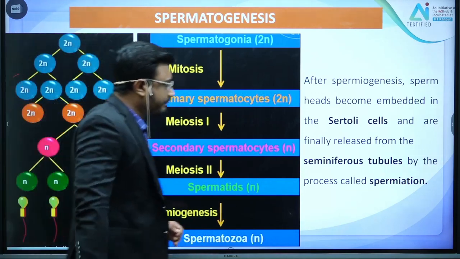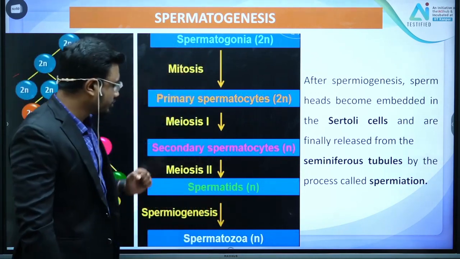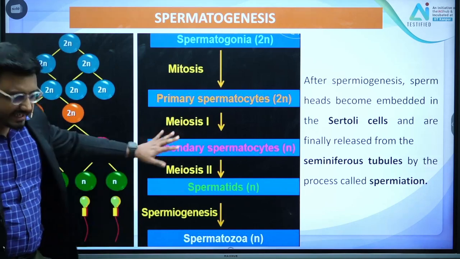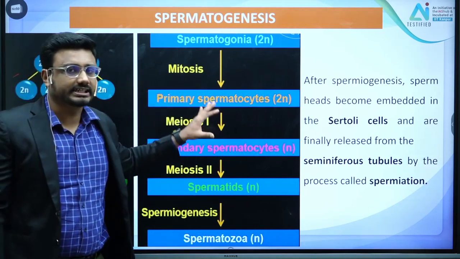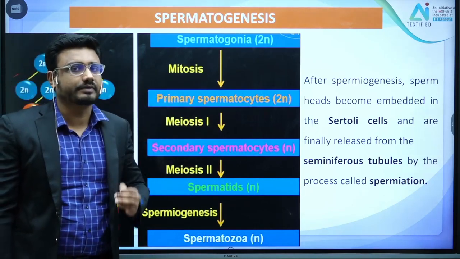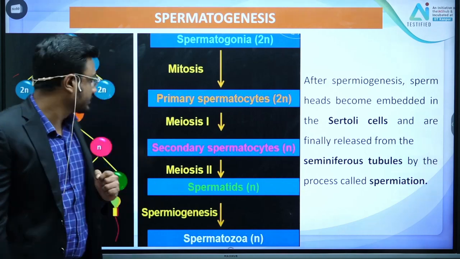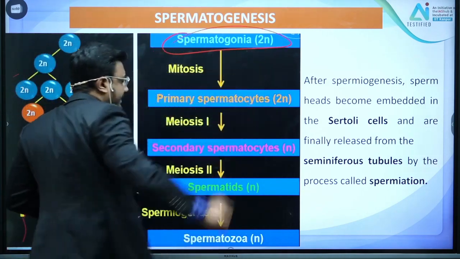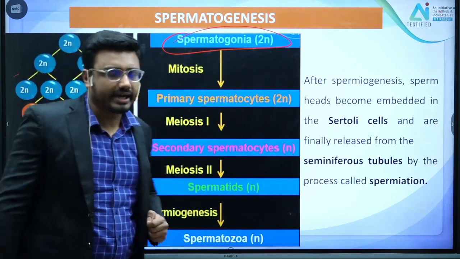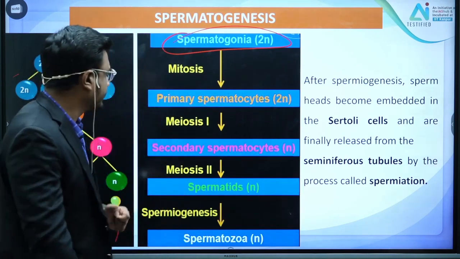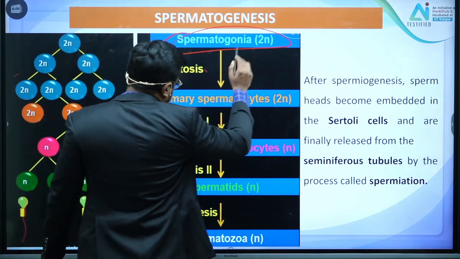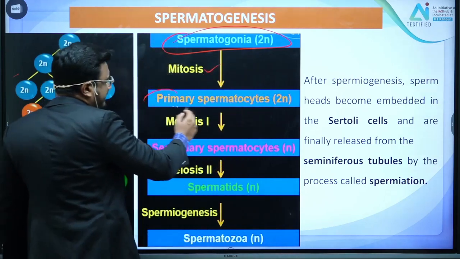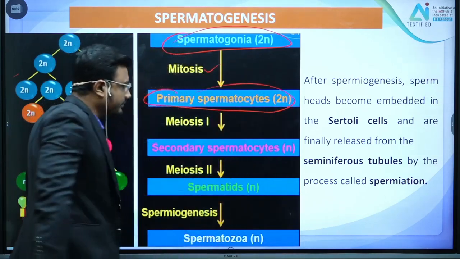What is happening in spermatogenesis? Let's go through the following steps. It is very important to go through these steps as arranged in chronological order, because questions can be asked from this. First of all, the spermatogonia are diploid in nature. 2n indicates diploid, and n indicates haploid. It undergoes mitosis, and after mitosis the primary spermatocytes are formed.